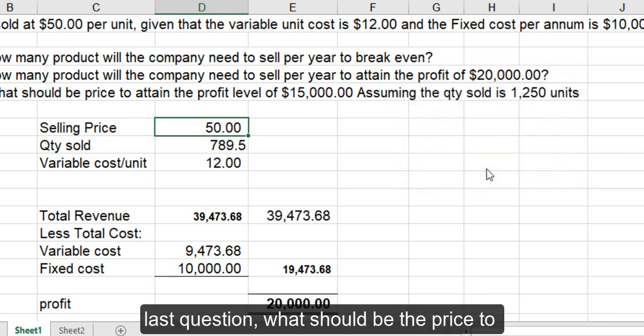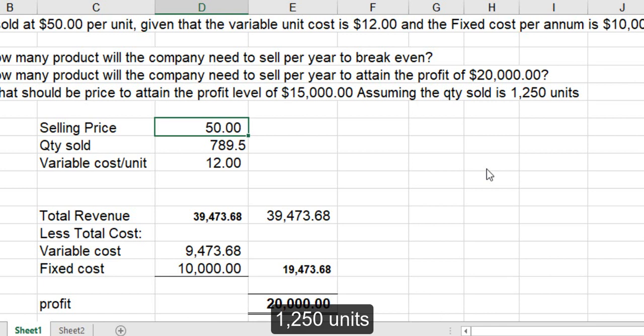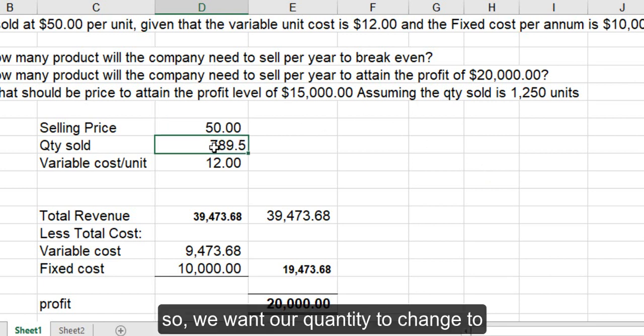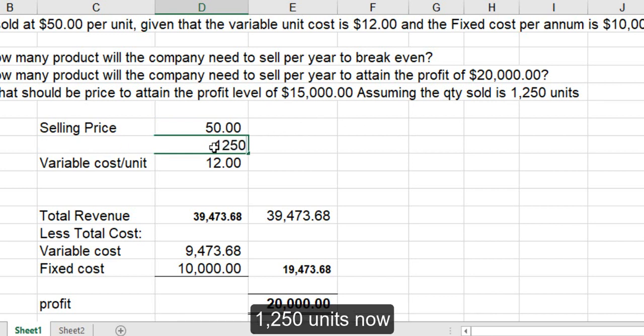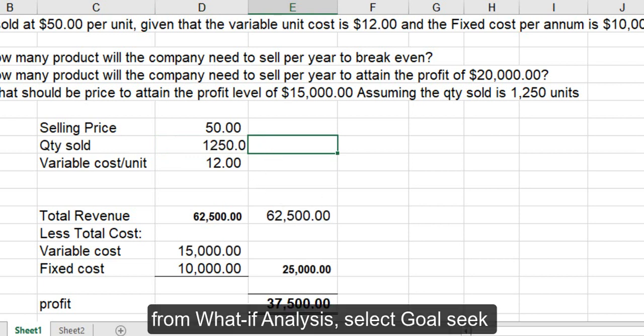Also, last question, what should be the price to attain the profit level of $15,000, assuming the quantity sold is 1,250 units? So we want our quantity to change to 1,250 units. Now, What If Analysis, Goalseek.